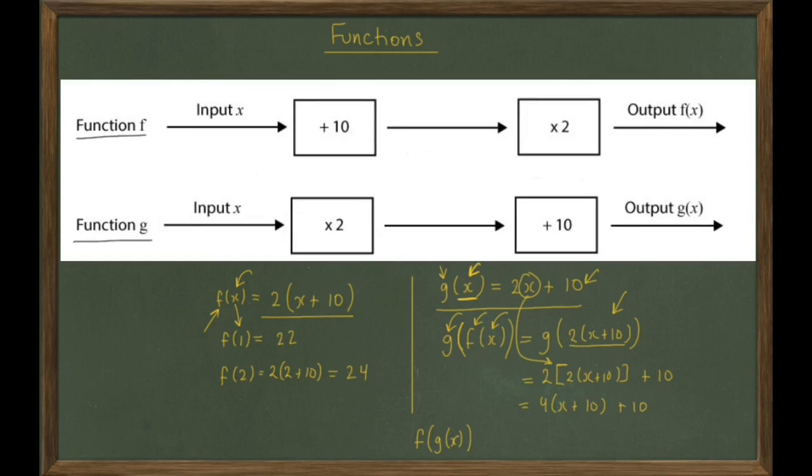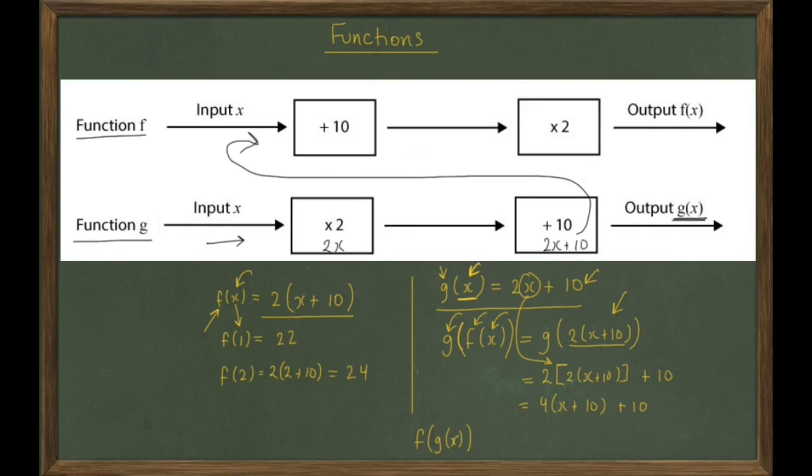Okay, so let's have a go. Now we're starting with a value in g, so we're inputting an x. We multiply that value of x by 2 to get 2x, and then we add 10, so we get 2x plus 10. 2x plus 10 is our output, it's our g of x. Now we want to feed this value into f.